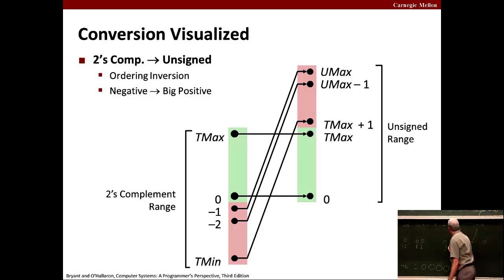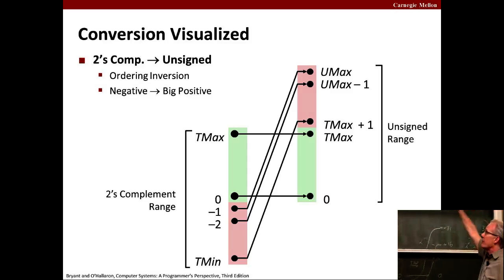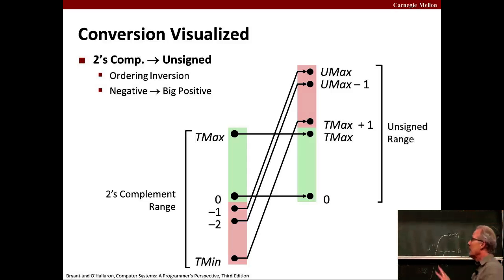And all ones will become positive 31. Right? And so that's what this picture is showing: the pink numbers are the ones that flip between negative and the largest of the positive numbers. And the green numbers are the ones that stay the same because their leading bits are zeros.